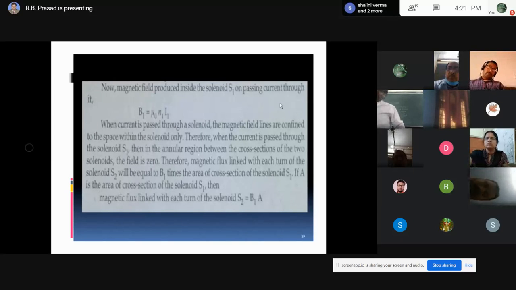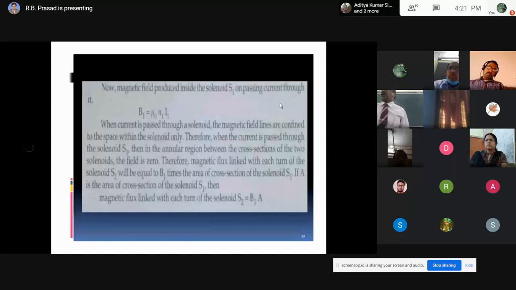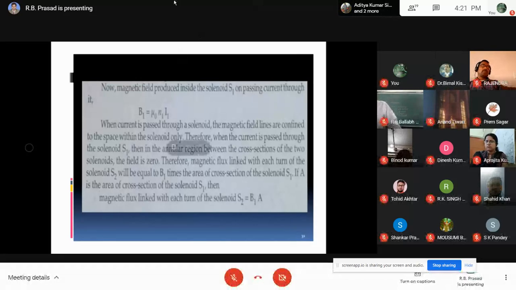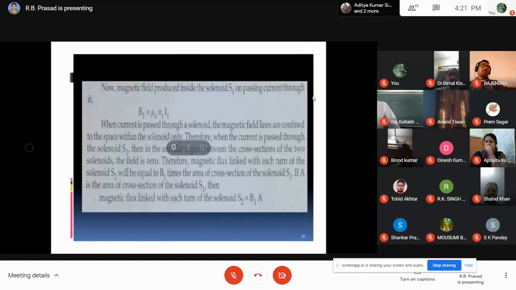As we have considered, the area of both solenoids is the same, and the lengths are the same. So A is the area, and the magnetic flux linked with each turn is B1 into A.